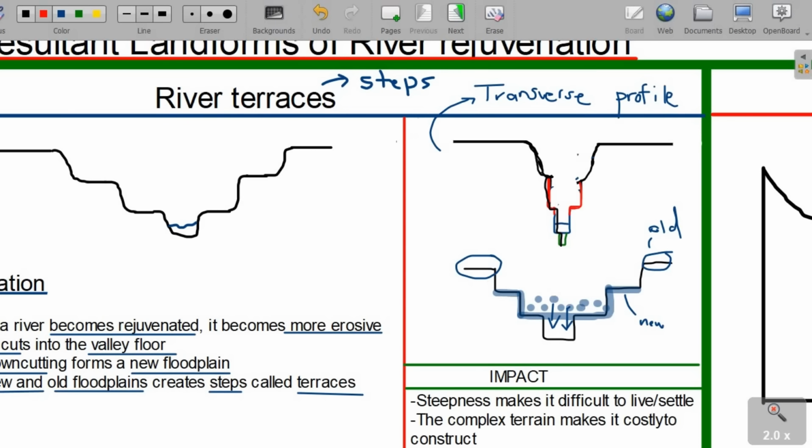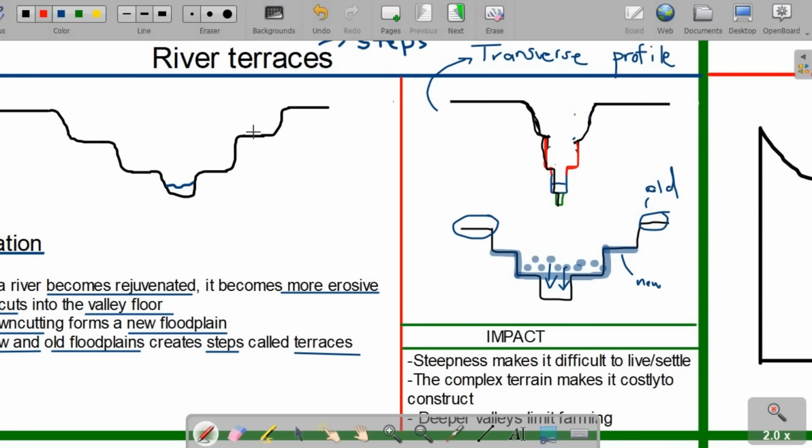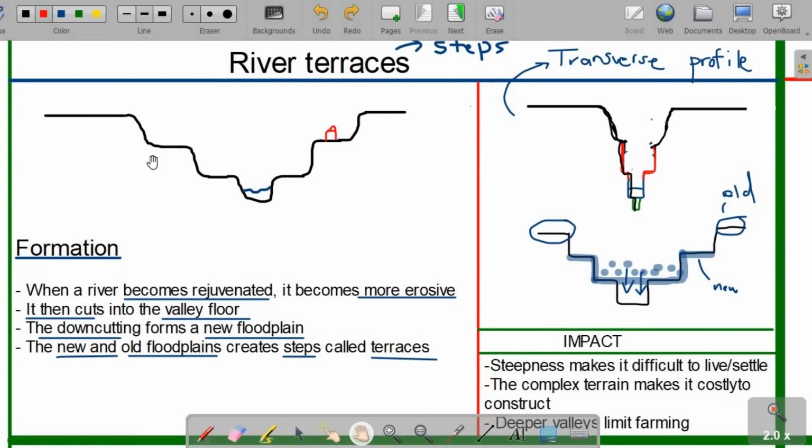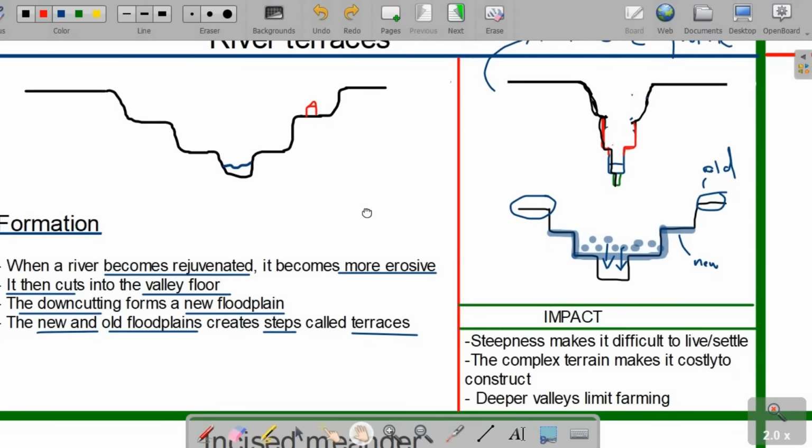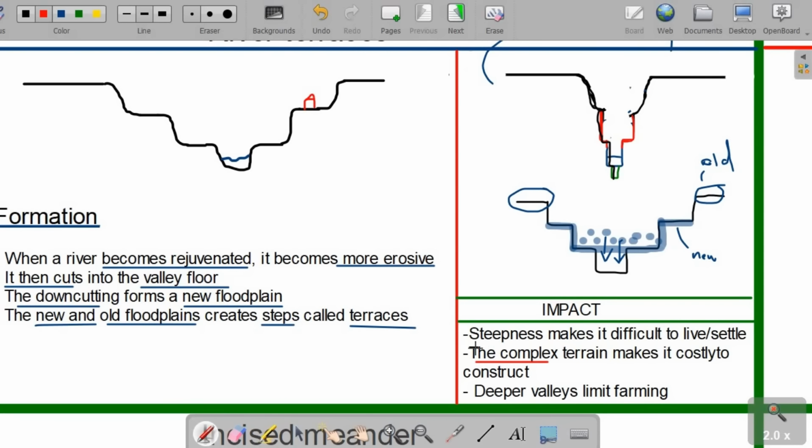To live, how would you settle here, have your house there somewhere? How would you get water? It would be really risky and very dangerous, so it's very difficult to live or settle here. Even if you are a farmer, these are too steep for you to practice farming. So steepness makes it difficult to live or settle here.